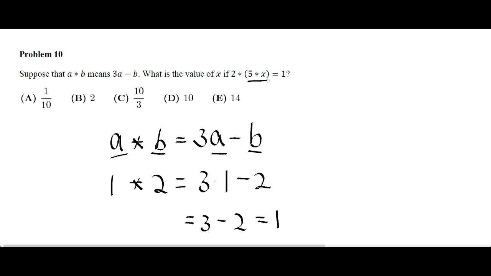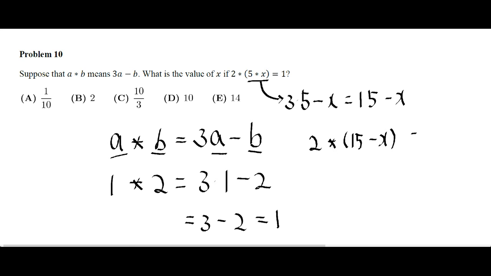So I want to first rewrite this one. 5 star x is what? By the definition, 3 times 5, okay? Minus the second number x. So which is 15 minus x, right? And then you just do 2 star (15 minus x), which is equal to 1.